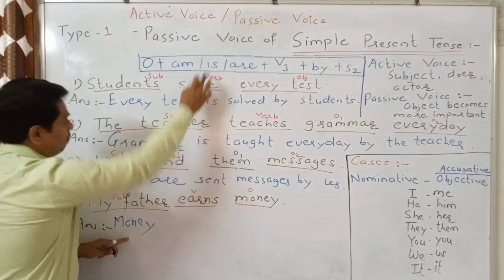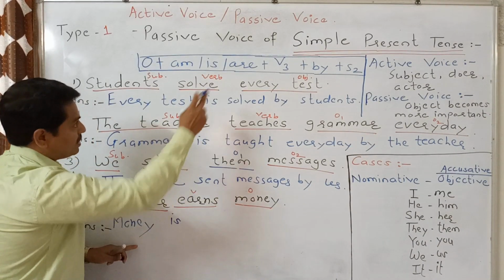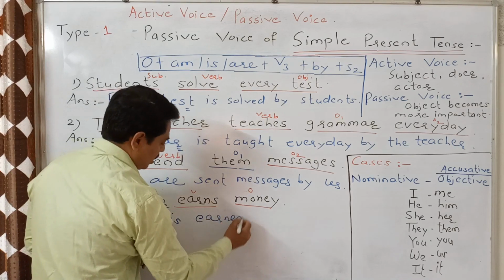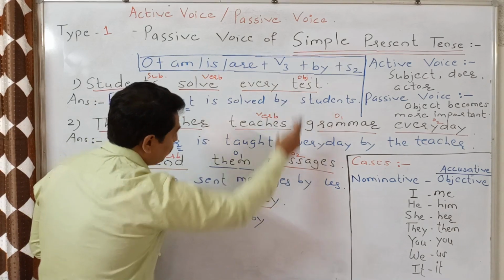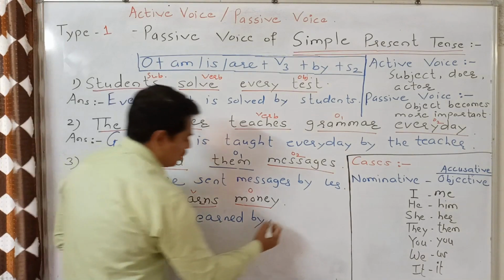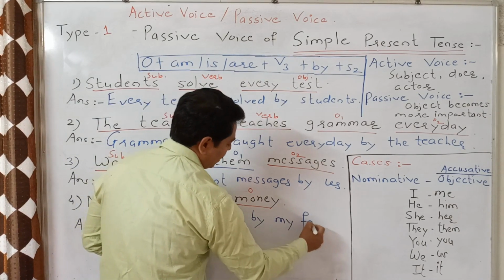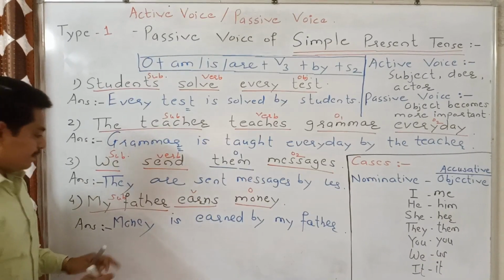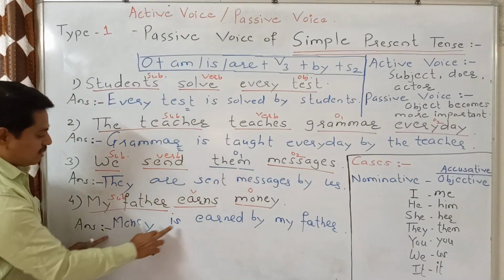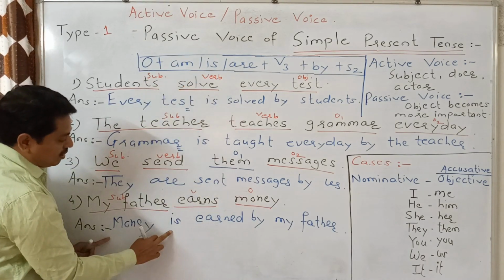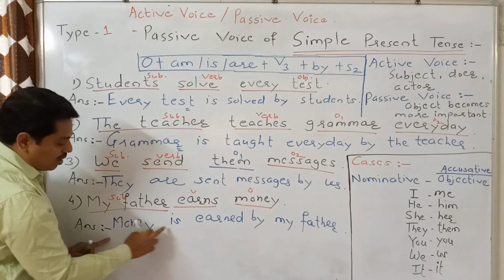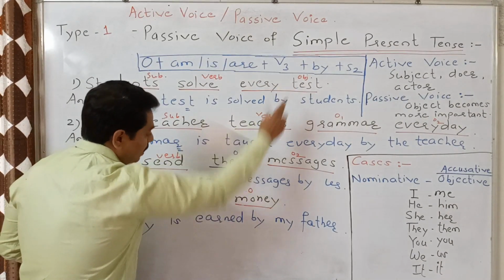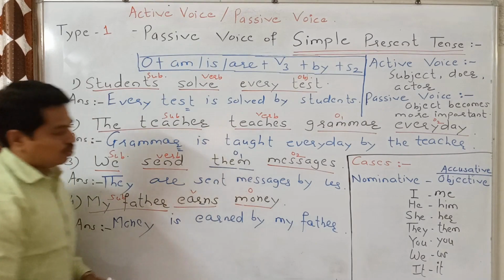So money plus, out of am, is, are, is, plus V3, earned, plus by and plus S2. There is no S2 of my father, that's why it should stay as it is. I repeat it. Money, object. Then out of am, is, are, we have used is. Money is always singular. Plus V3, earned, plus by and plus S2.